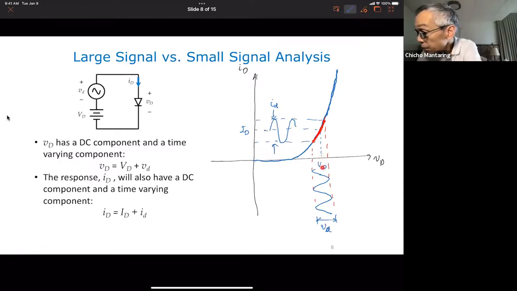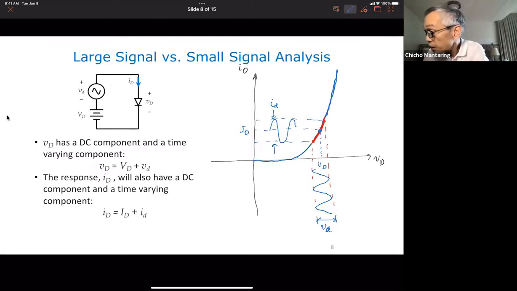So this capital V sub D will establish capital I sub D. And as this oscillates, my operating point will be shifting up and down here. As this changes this way, this is going to change this way, that is in time.